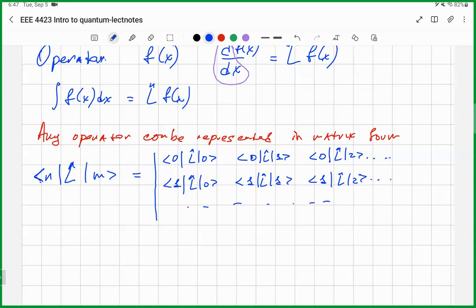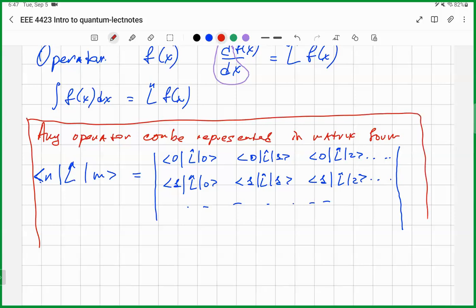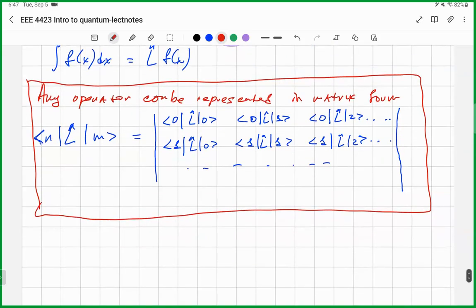So it's going to be a matrix like this. And any operator can be represented in matrix form. And this is kind of essential for the next part.